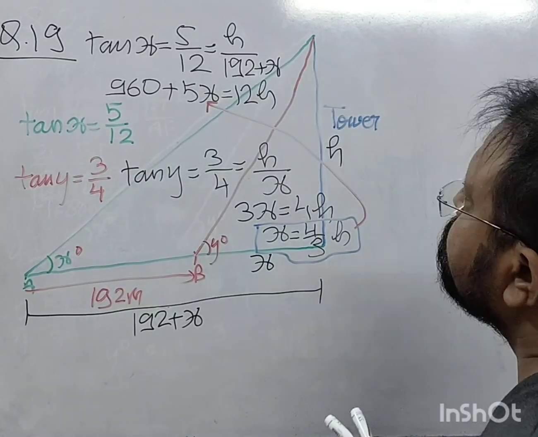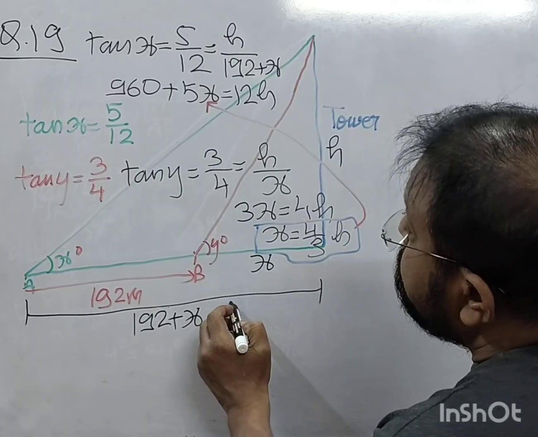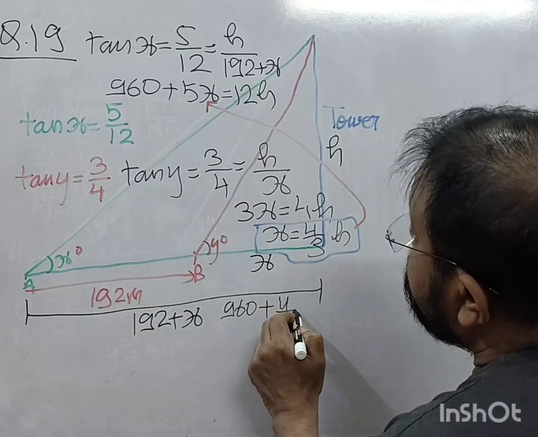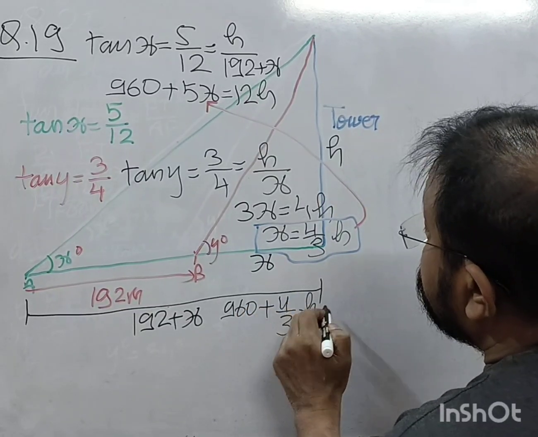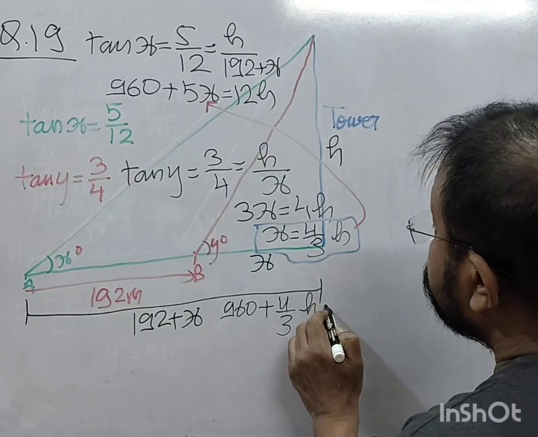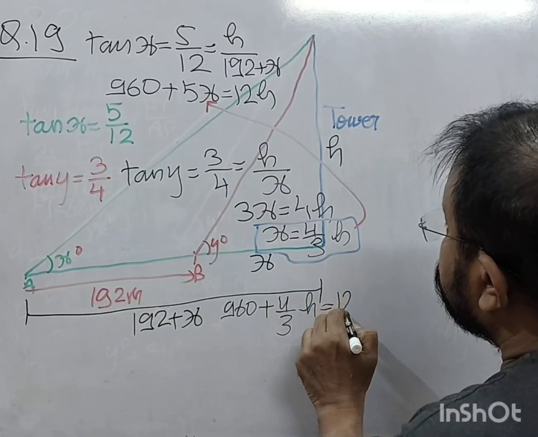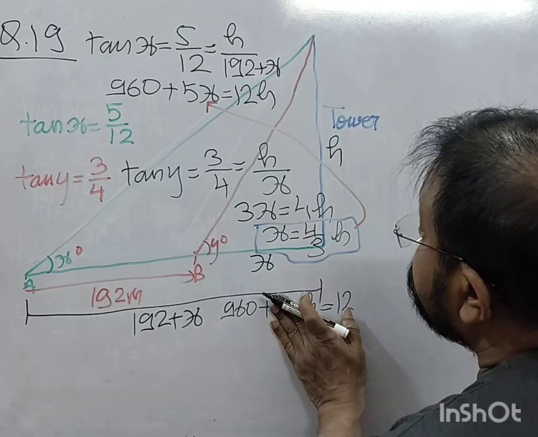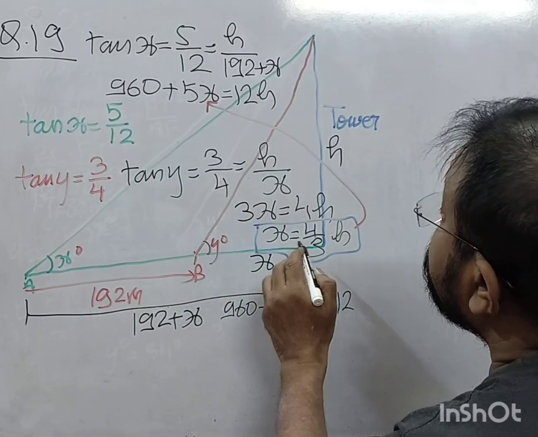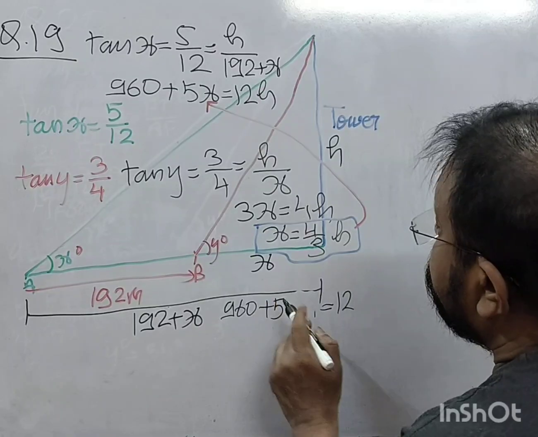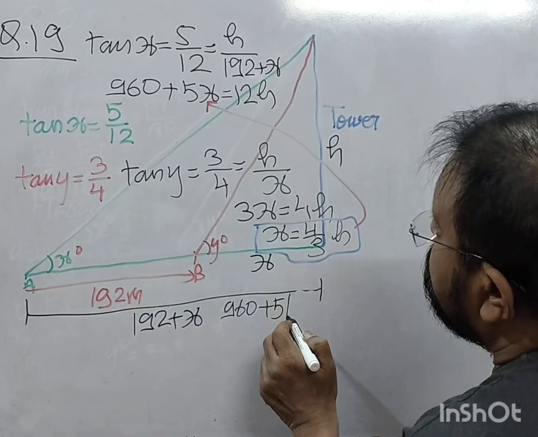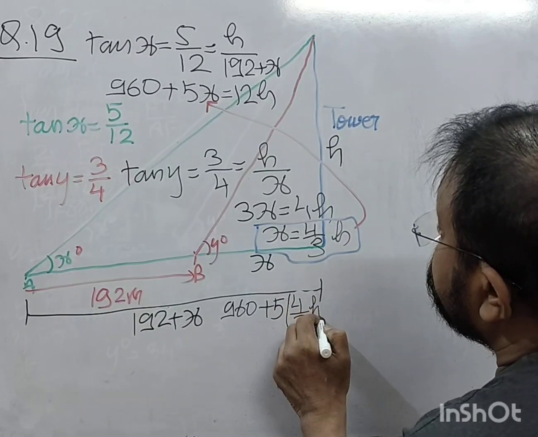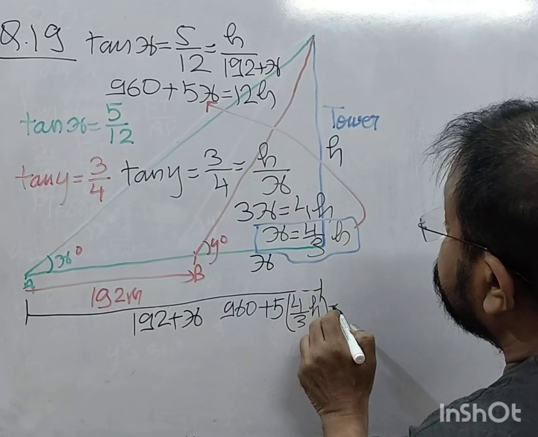So what will you get? 960 plus 5 times 4 by 3 h is equal to 12h.